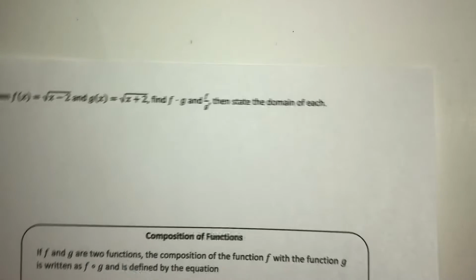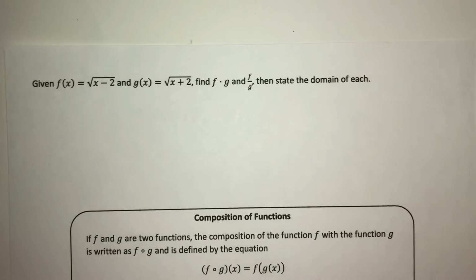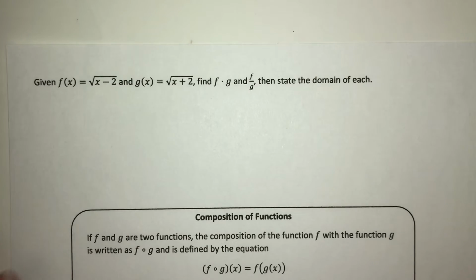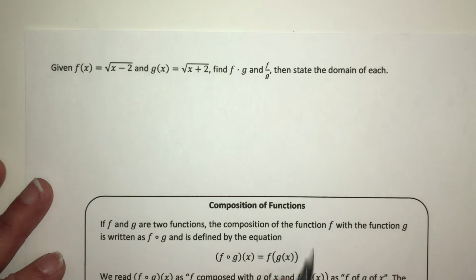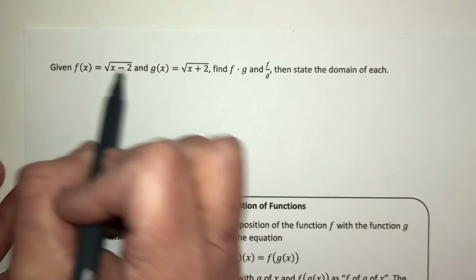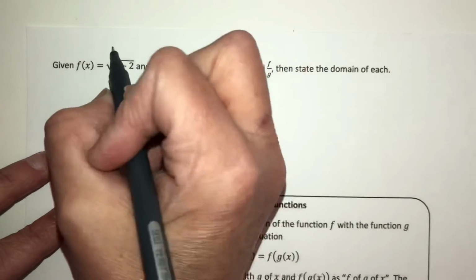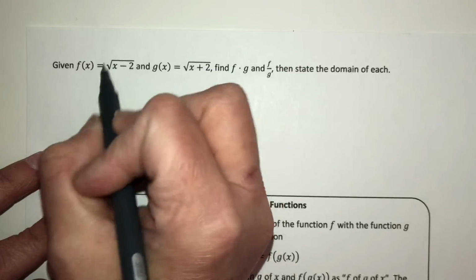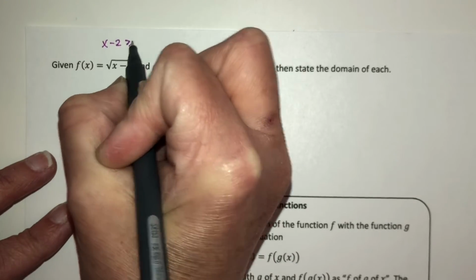All right, let's do one more of these, or a version of it anyway, where this time we're only going to be asked to do the multiplication and the division. So a little bit shorter, but it does cause some issues. Let's talk about the domain of this before we go on. Okay, so I need the inside to be greater than or equal to 0.